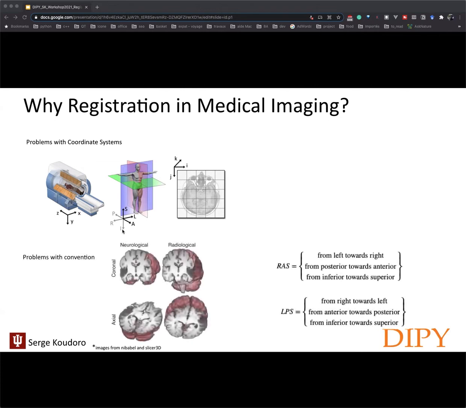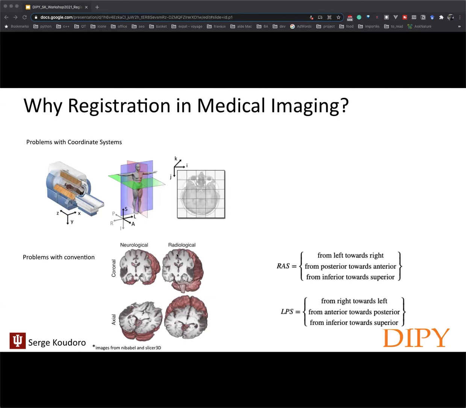As you can see in the picture below, neurologists and radiologists have totally different interpretations of this coordinate system. A neurologist will say in this picture that the stroke you can see in the left temporal lobe, caused by the dark area of the MRI data, is on the left.